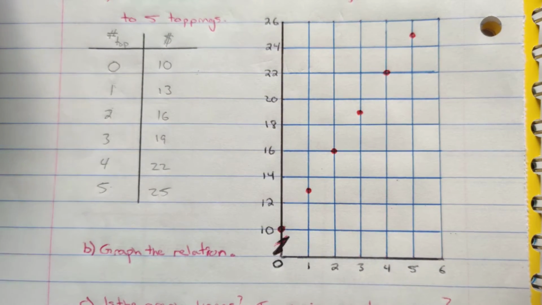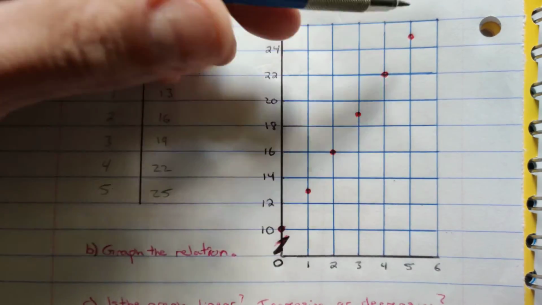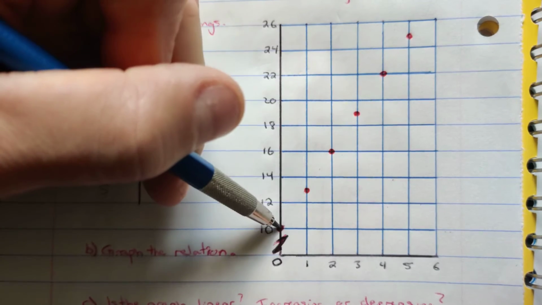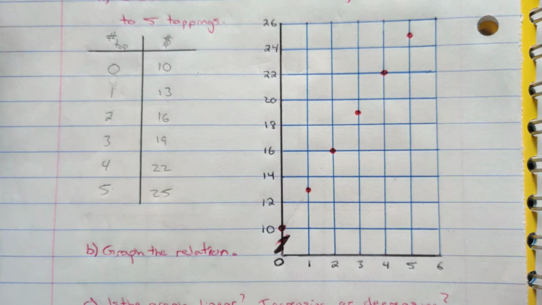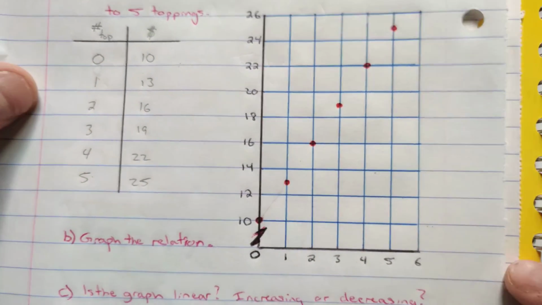The pizza places would not likely sell that way, so it makes more sense to say you either have 1, 2, 3, 4, or 5 toppings versus in between. So I didn't connect the dots because there's no values that actually fit in between here. You're not going to be spending $12 on toppings or on a pizza at this place.